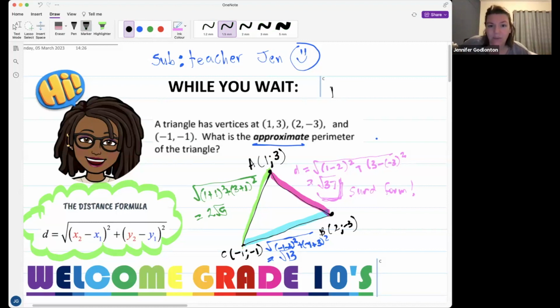So our approximate perimeter is 2 root 5 plus root 37 plus root 13. And let's just add those in. And then we get 14.16. So there's our approximate perimeter of this triangle.